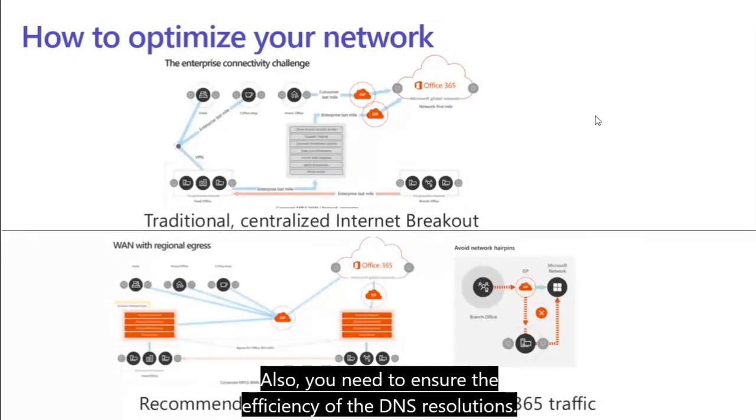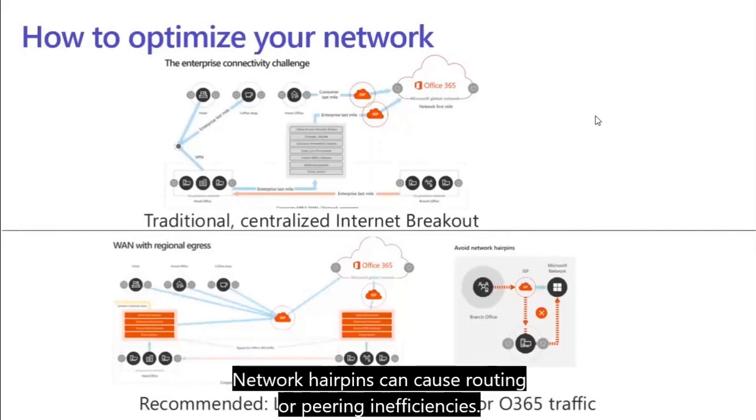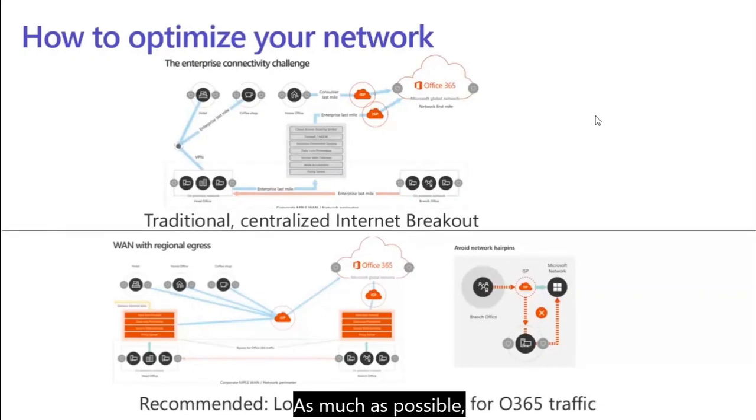Also, you need to ensure the efficiency of the DNS resolutions. Network hairpins can cause routing or peering inefficiencies. So as much as possible, try to have the closest routing.